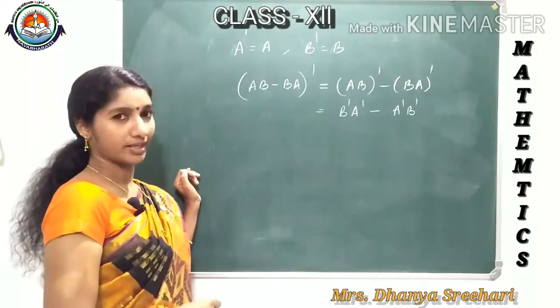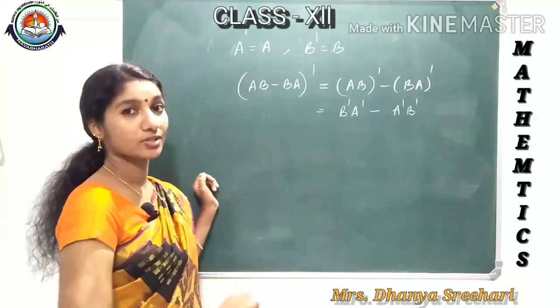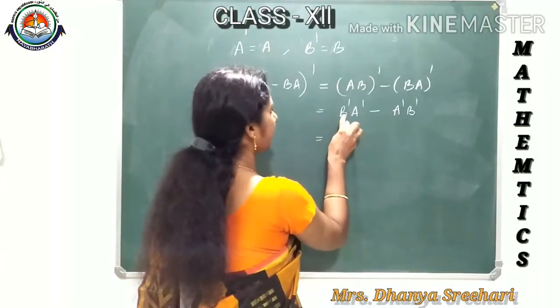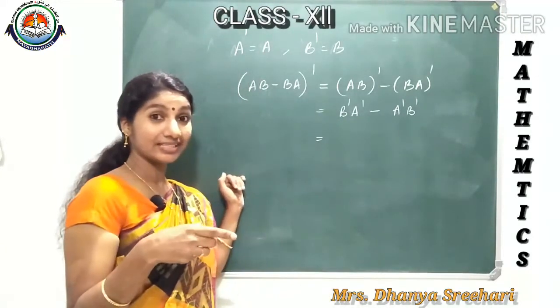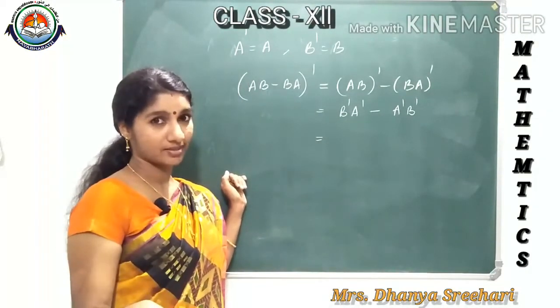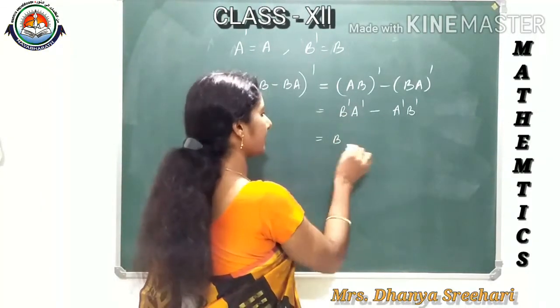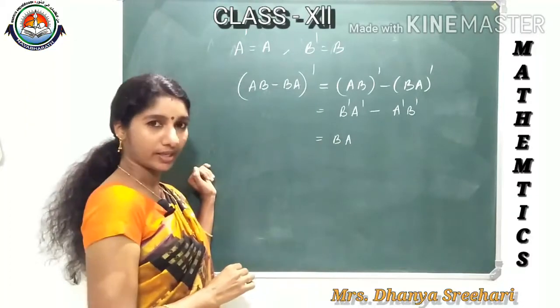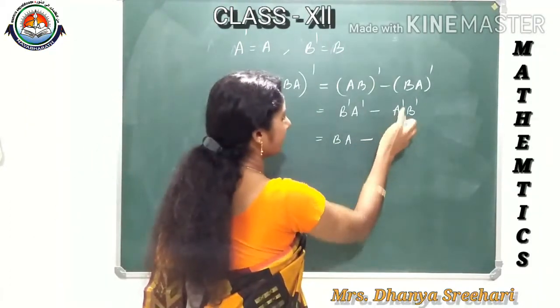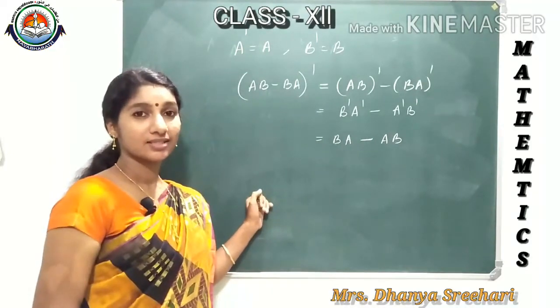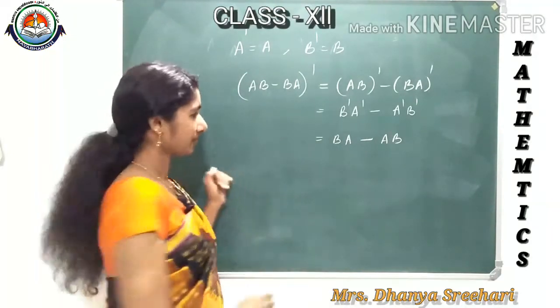We studied the property AB all transpose equals B transpose into A transpose, meaning reverse order transpose. Here this B is a symmetric matrix, so we can write B transpose is B, and also A is a symmetric matrix, so A transpose is equal to A. So A transpose is A and B transpose is B since they are symmetric matrices.